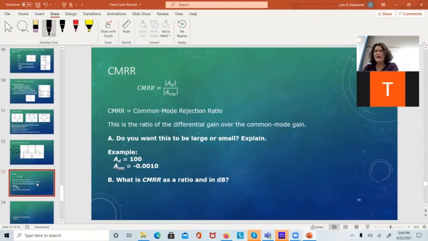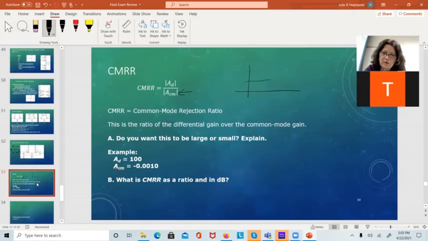So typical values of CMRR for an op-amp, 100 dB. That's typical. If you're really looking for a high CMRR, you can find a few that have 120 dB or 140 dB. Be careful with this. If you care about high frequency noise, the common mode gain is dominated by a zero.